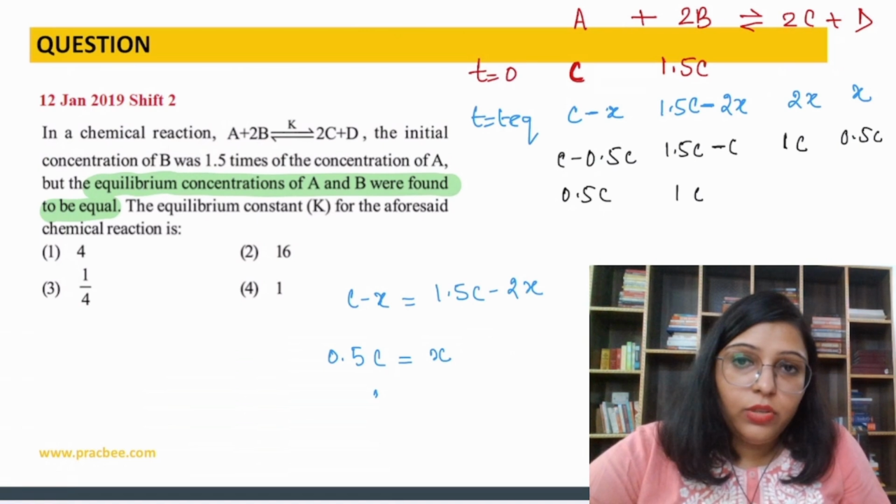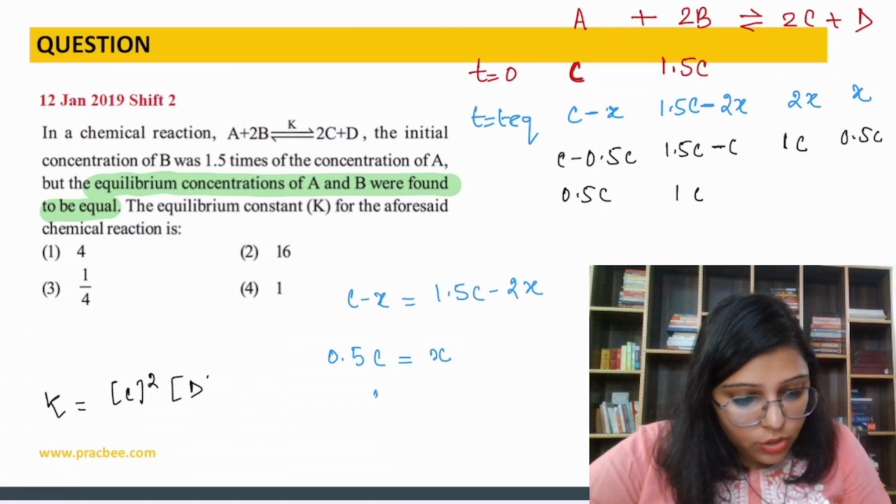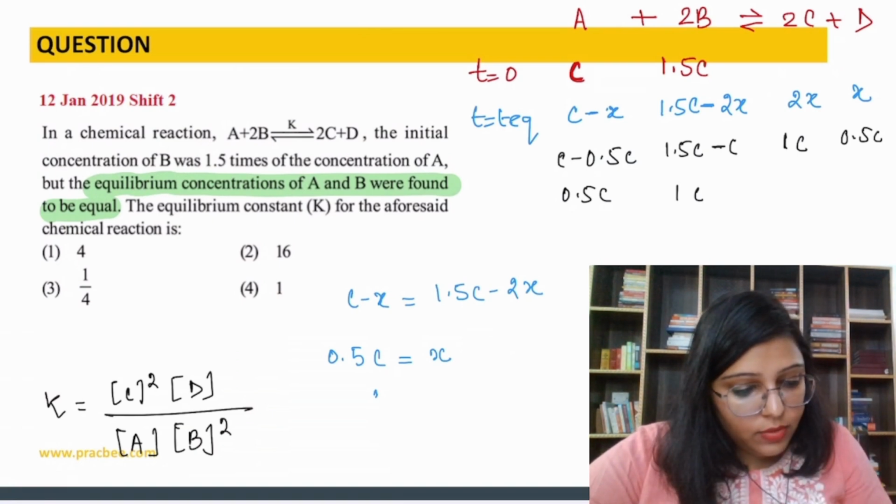Now we have to find the equilibrium constant K. How to write K equilibrium? Concentration of C squared times concentration of D, divided by concentration of A and concentration of B to the power 2. So let's write everything.